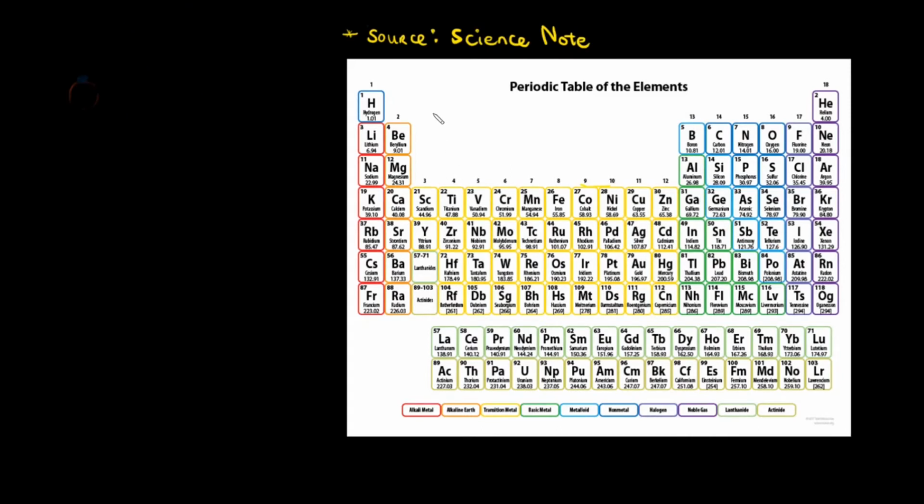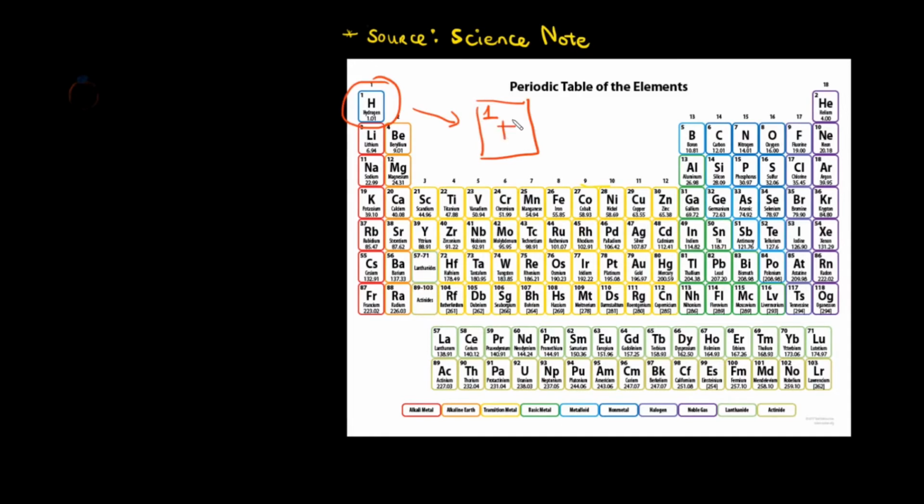So let's try to understand how to read a single box in the periodic table. Let me zoom in on the box of hydrogen. The number 1 in the top left corner represents the atomic number, which is the number of protons or electrons inside the atom. Hydrogen has only 1 proton or 1 electron.